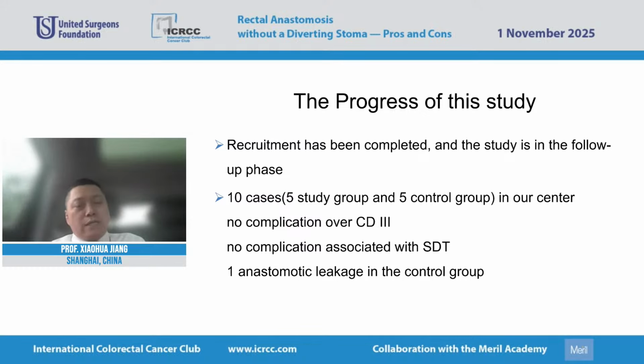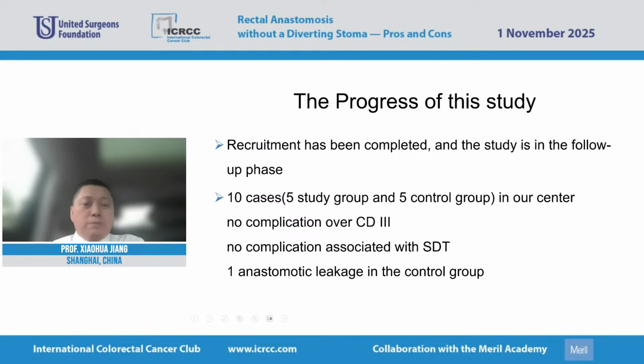And in our center, we have 10 cases, 5 in the study group and 5 in the control group. The data in our center show no complication over Clavien-Dindo 3, and no complication associated with the stent in the stent group.